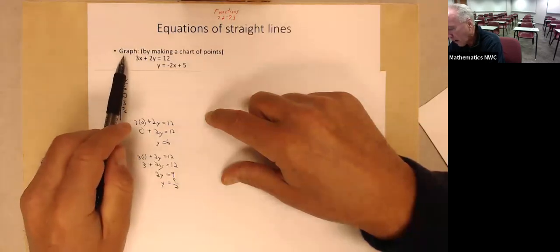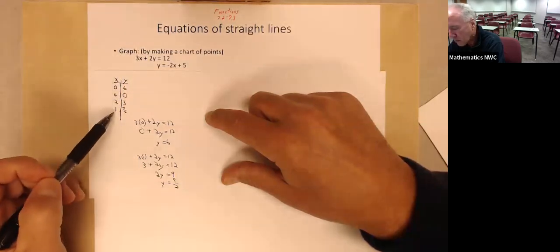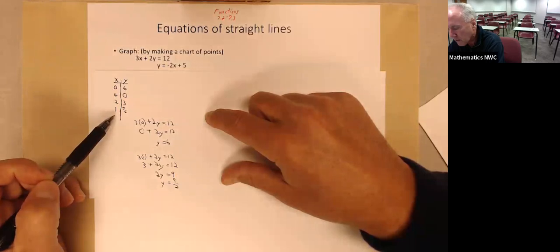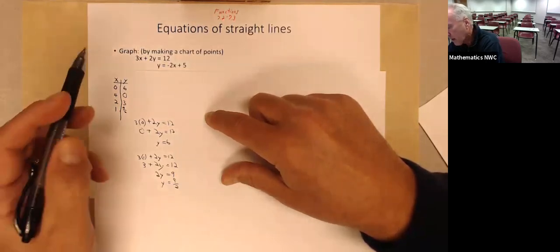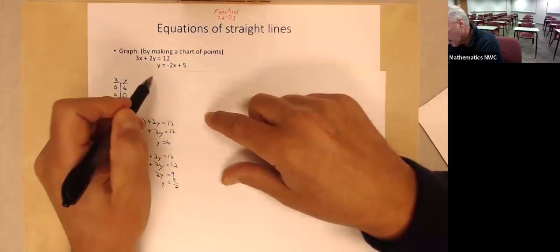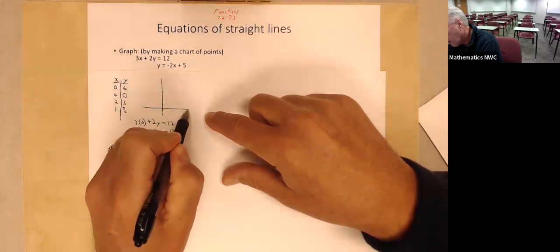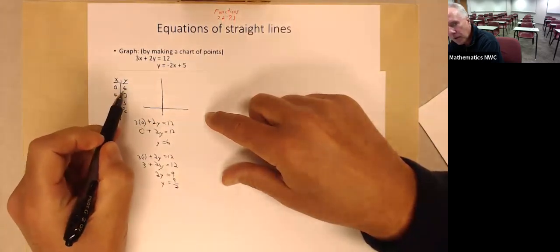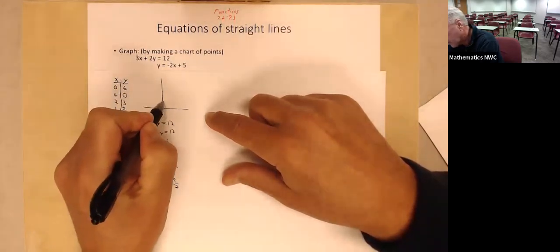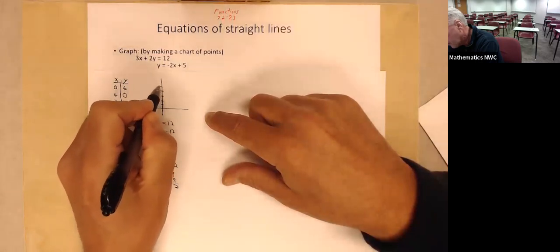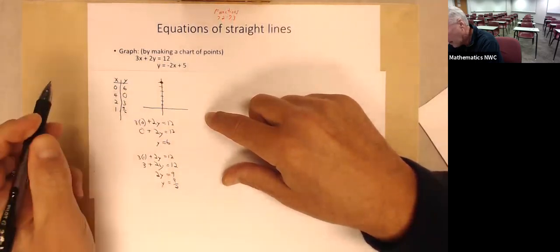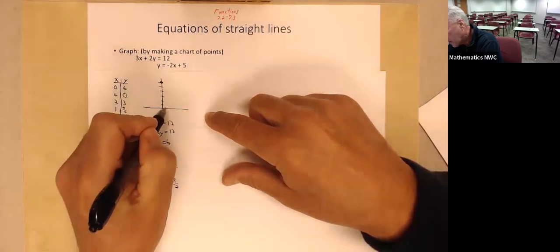I'm looking to graph these now. I've chosen 4 ordered pairs here. Really, it's wise maybe just to choose 3. But if you were to look at these, it would look like the following. I have the first ordered pair 0, 6. The next one is 4, 0.